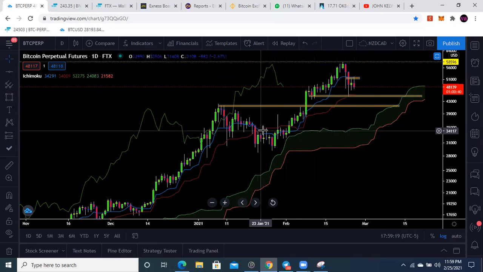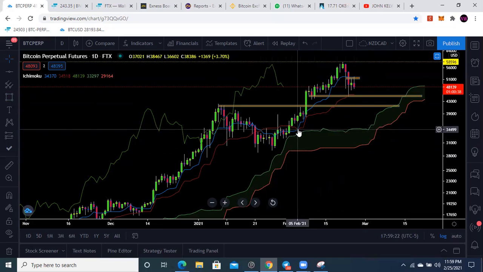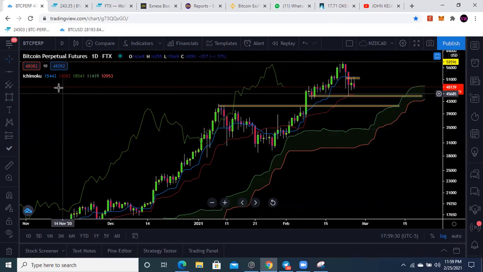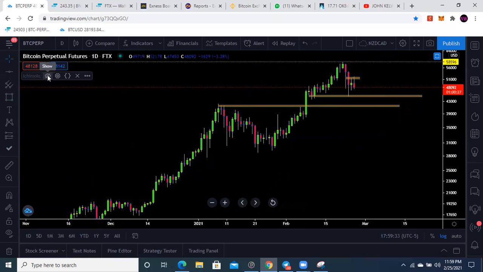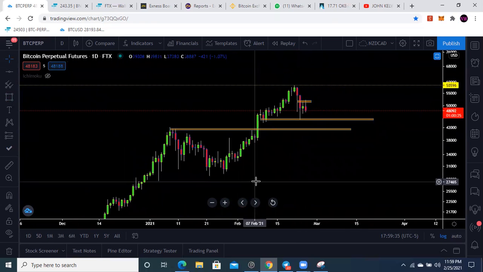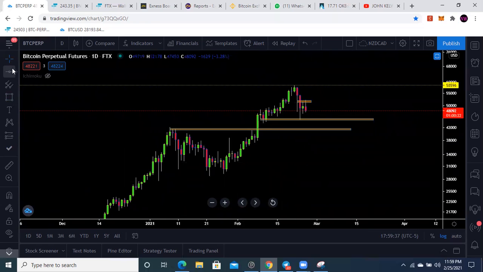This is a strong re-entry signal for those that missed the entry. So it's just very straightforward. What you all need to understand is follow the levels. I'm still sticking to these two levels.